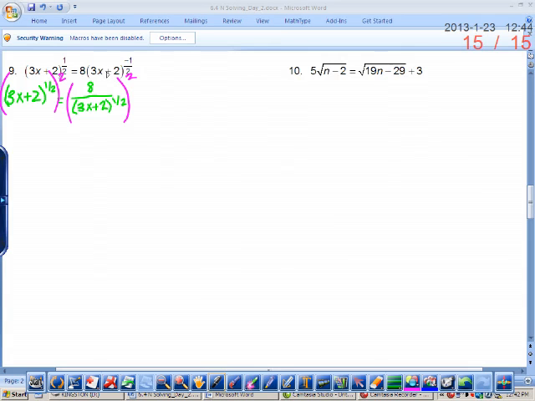Yeah, there's other methods to solve this. You can apply the fact that these have the same base, and you could deal with it that way. You just need to figure out how. So when I square this side, what am I going to end up with?